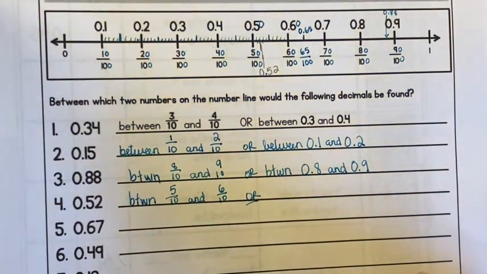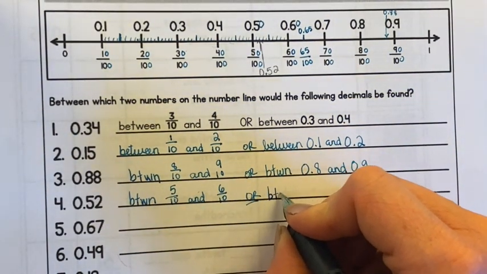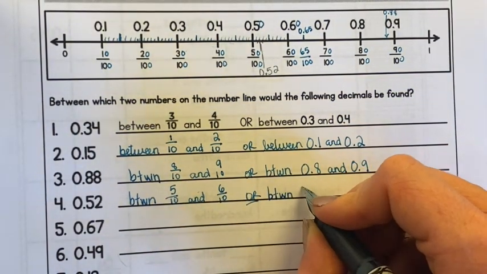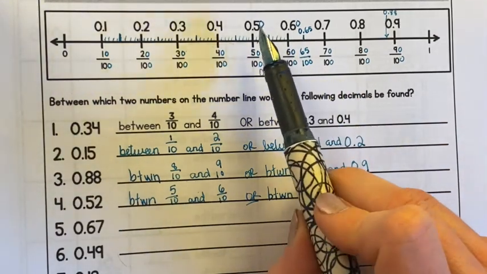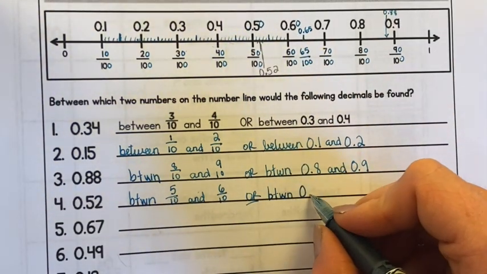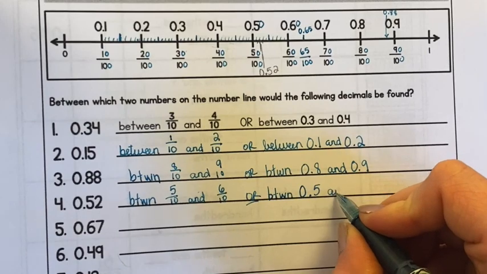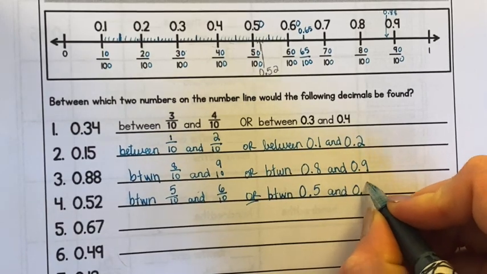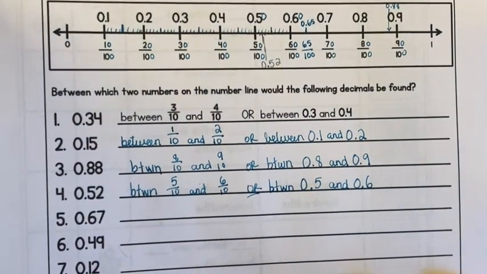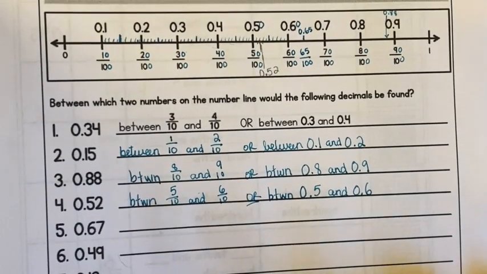Or between 0.5 and 0.6. Okay, now I'm going to go on to 0.67. So 0.67, I look, and I know my number line's getting crowded. Sorry, guys.